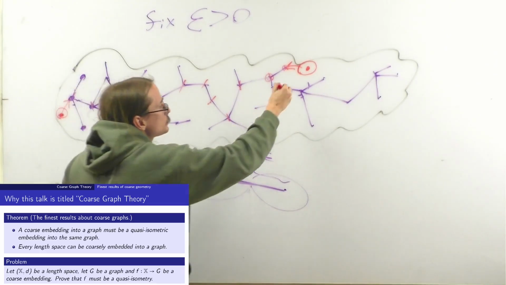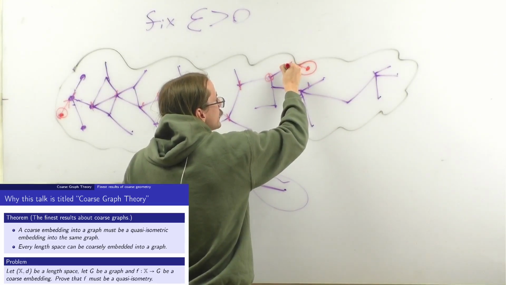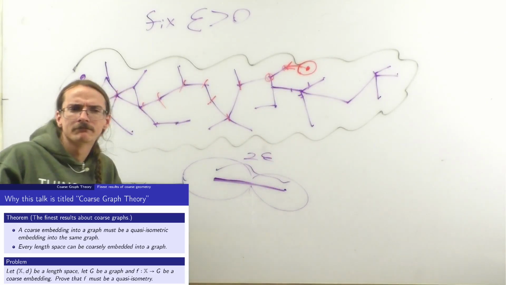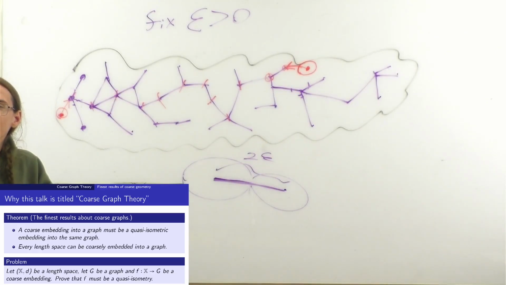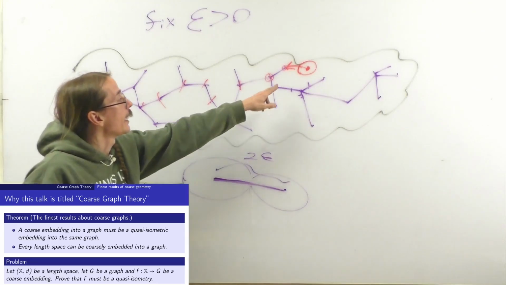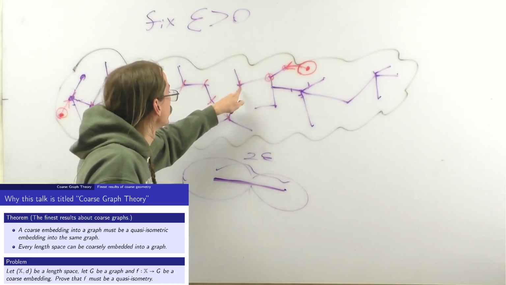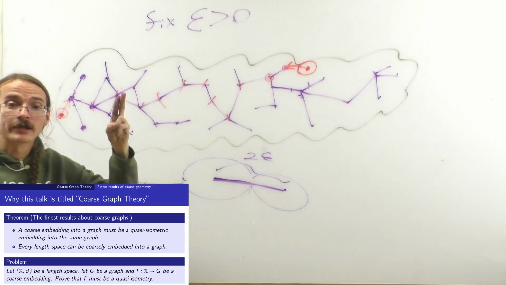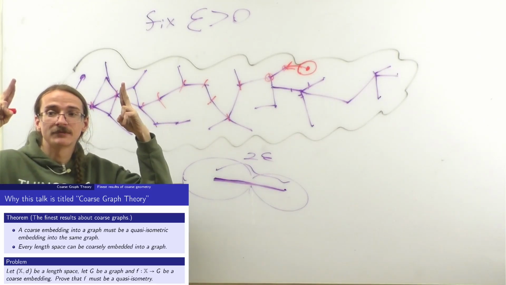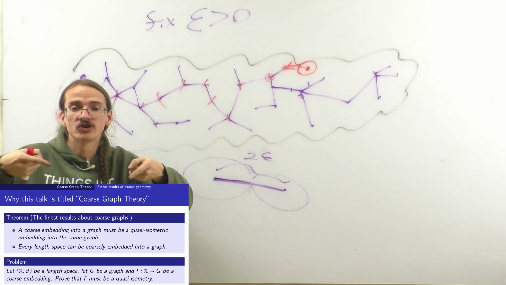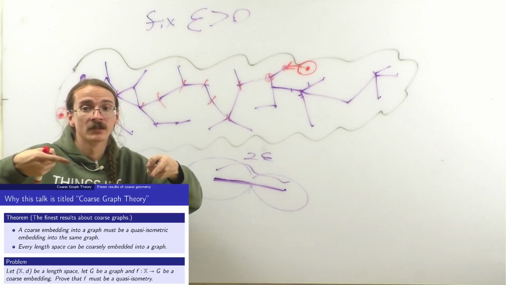And this point maps down onto that point. Let's be systematic. That happens for every edge. Every edge I hop translates to a hop in the length space of at most 2 epsilons.